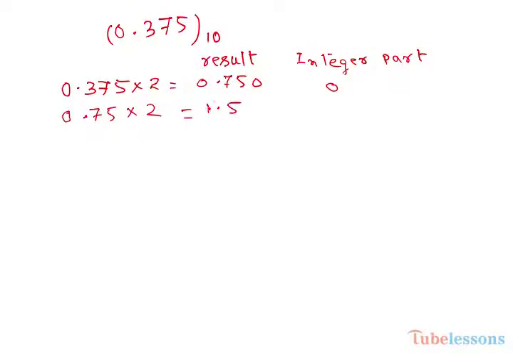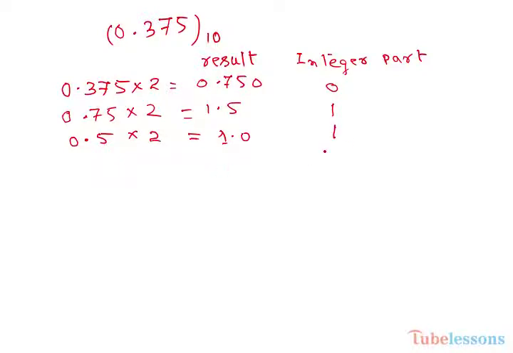So now 1 is the integer part and the fractional part is 0.5. Now we will multiply 0.5 by 2. So 5 times 2 equals 10. So the integer part is 1. Now the fractional part is 0.